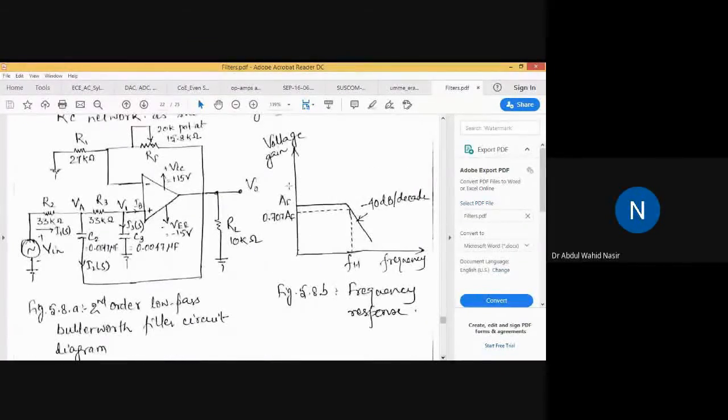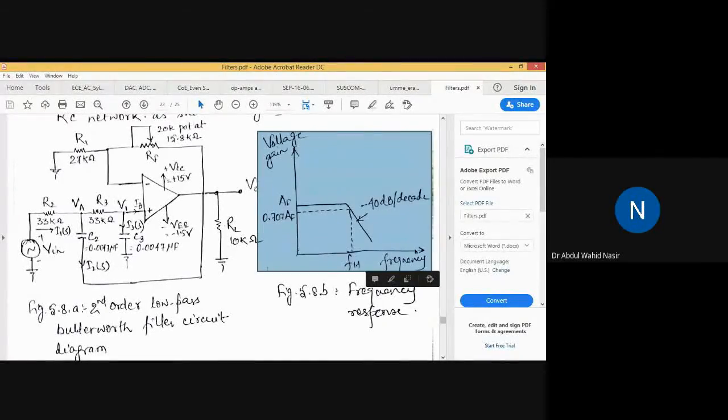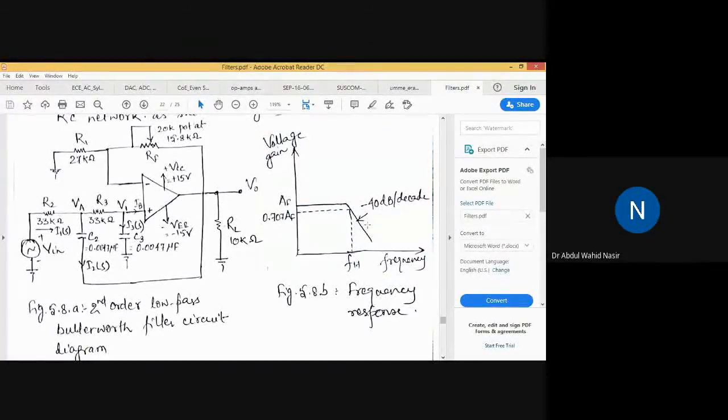So see the frequency response here. In the first order low pass filter, the roll-off means the slope of this line.